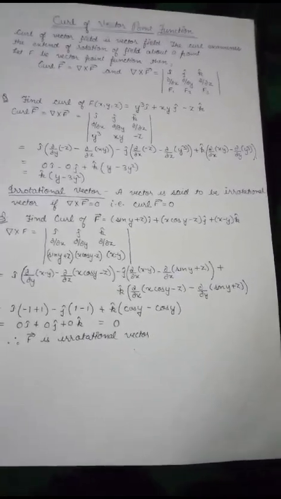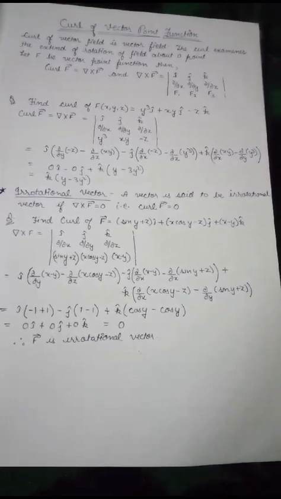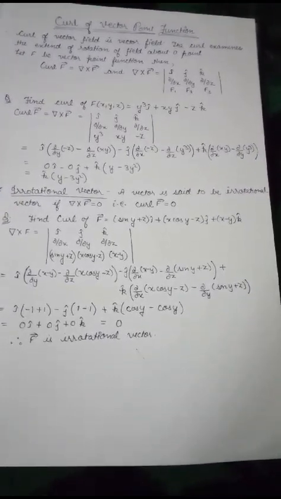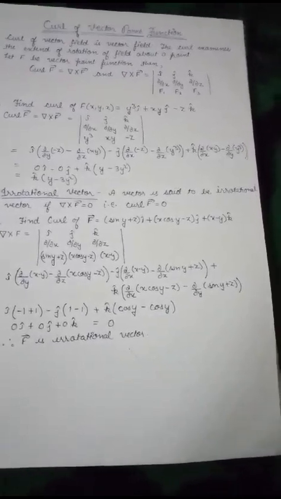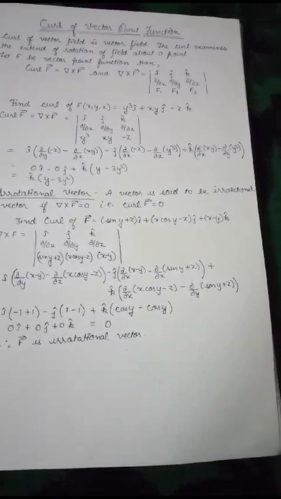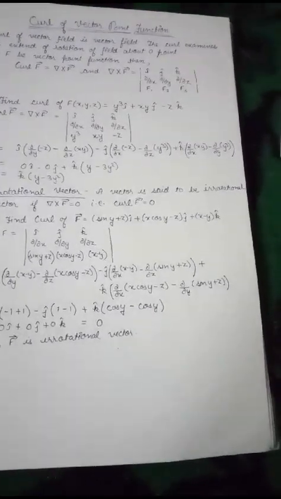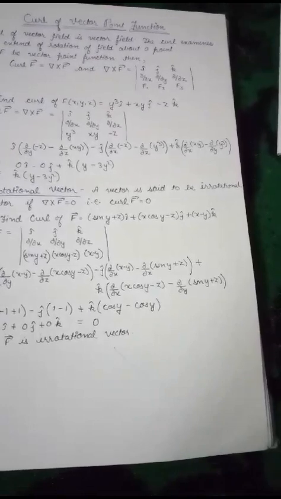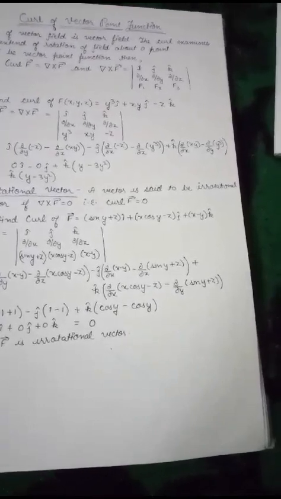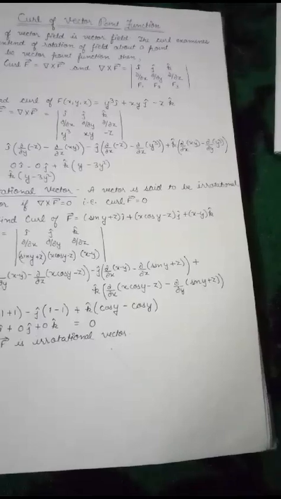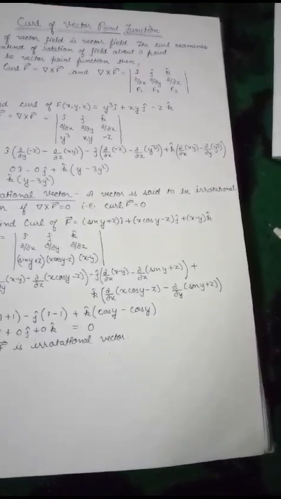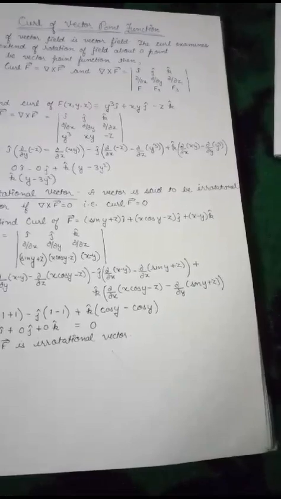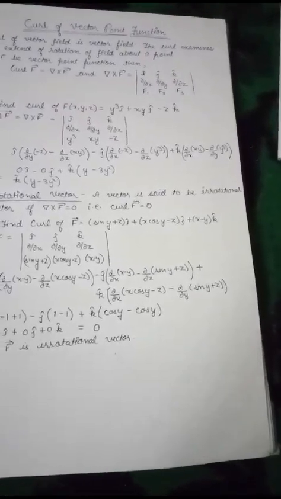So it will also be a vector, and it will measure the tendency of a particle near the point P, the neighboring particle of P, to rotate about the axis that points in the direction of this vector. And the magnitude of the curl vector at point P measures how quickly the particle rotates around an axis.